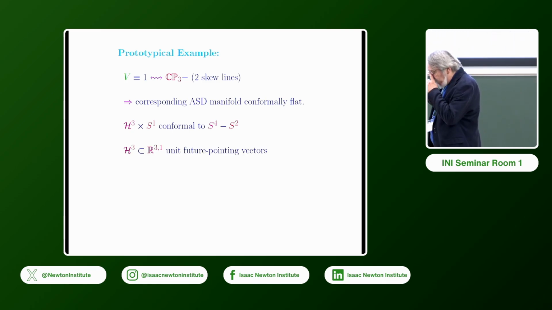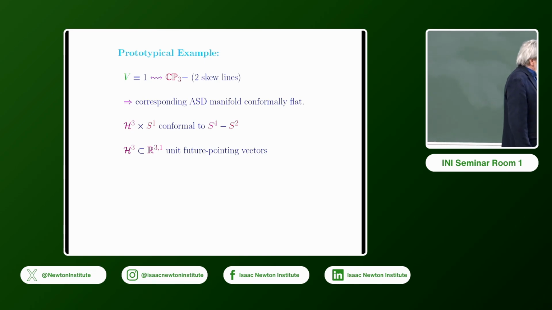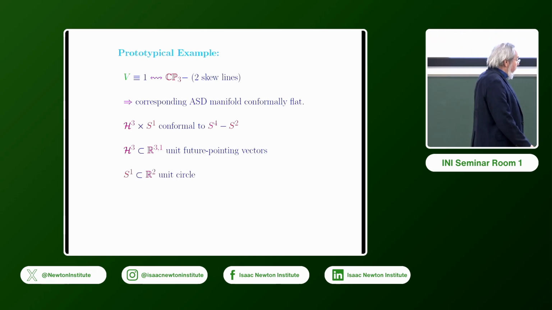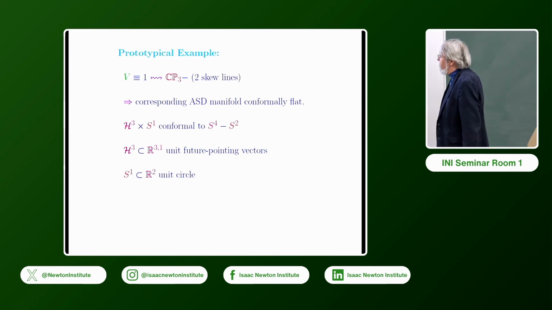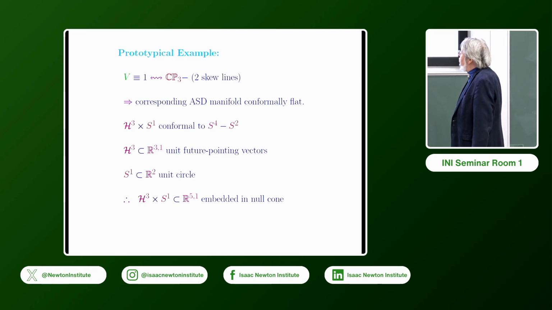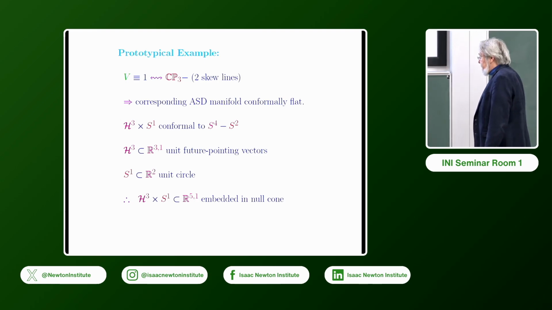So the geometry of this is interesting because you think of hyperbolic 3-space as the unit future-pointing vectors in Minkowski 4-space. And if you think of S1 as the unit circle in R2, then their product is naturally embedded in Minkowski 6-space.